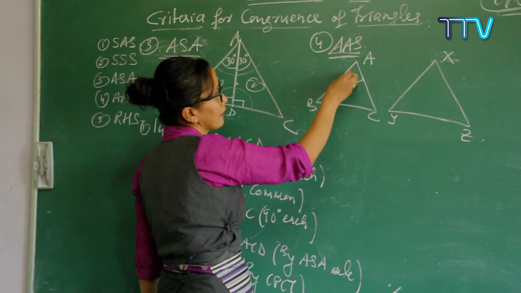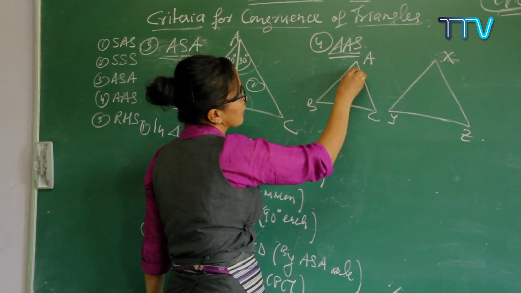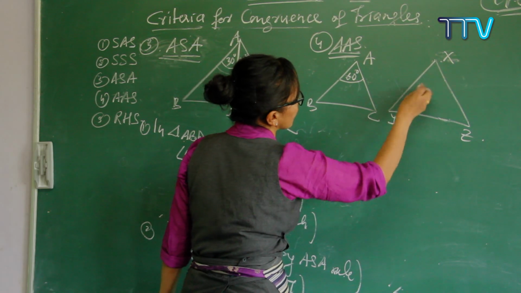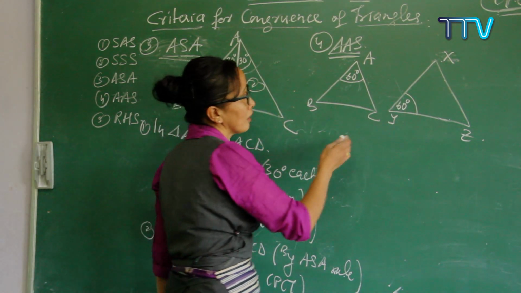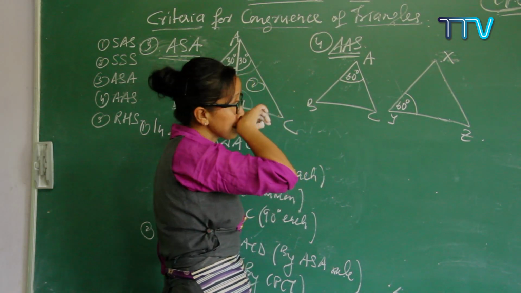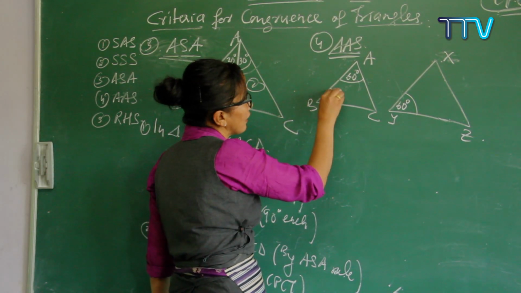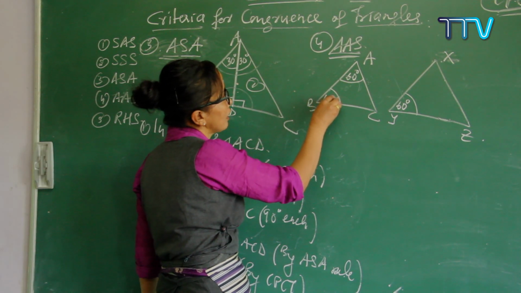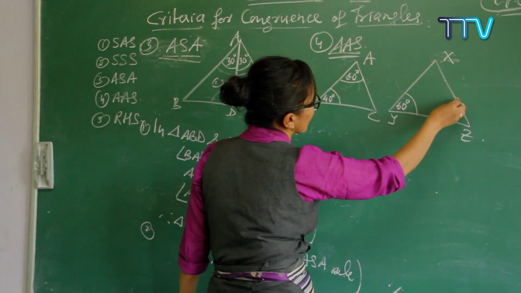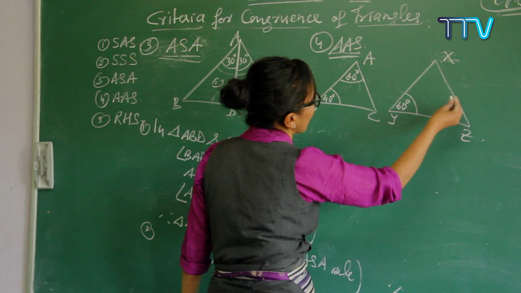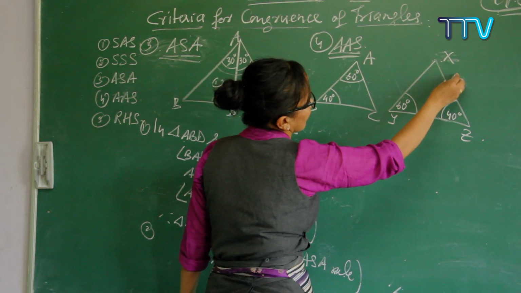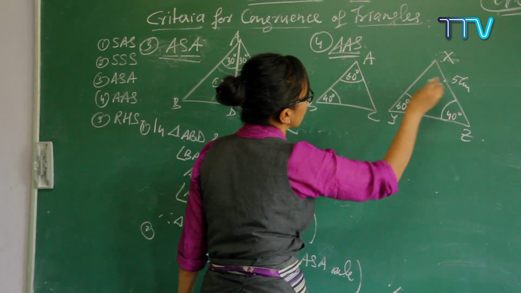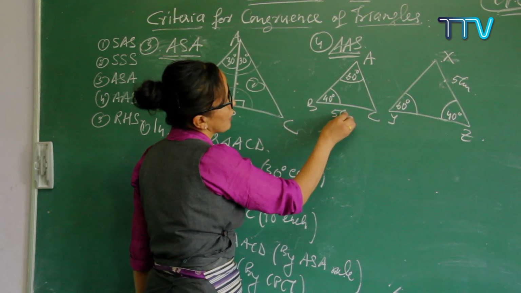I'll give these angles 60 degrees, and here also 60 degrees. And again here I'll give 40 degrees, and this one is also 40 degrees. And now this side is equal. This side is 5 centimeters, and also here 5 centimeters.